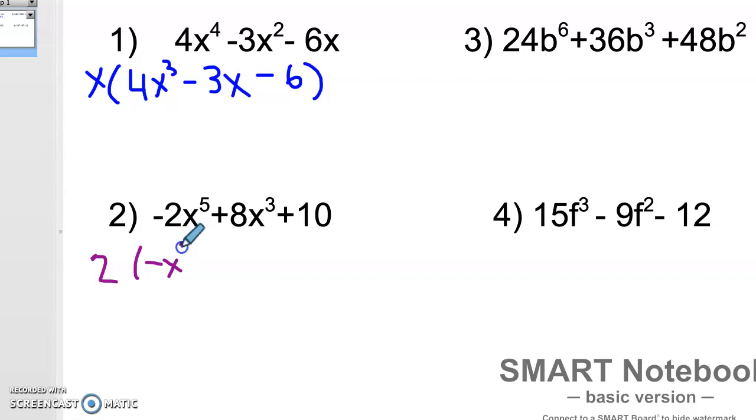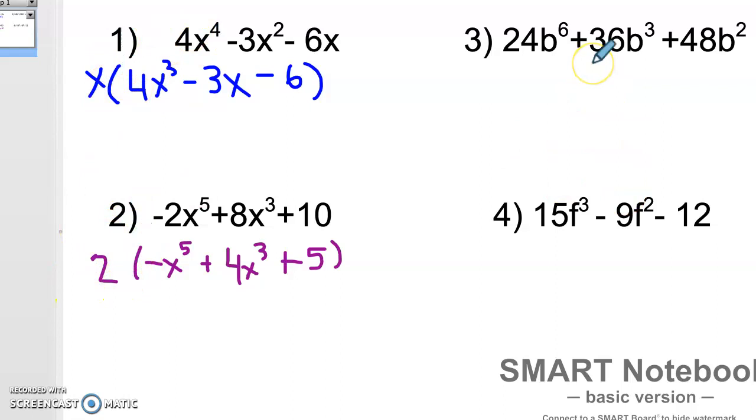And then we're going to divide 8 by 2 and have 4, and x to the third stays the same. And then we're going to divide 10 by 2, and we get 5. So notice the only difference between these two is one took out a variable, one took out a number.